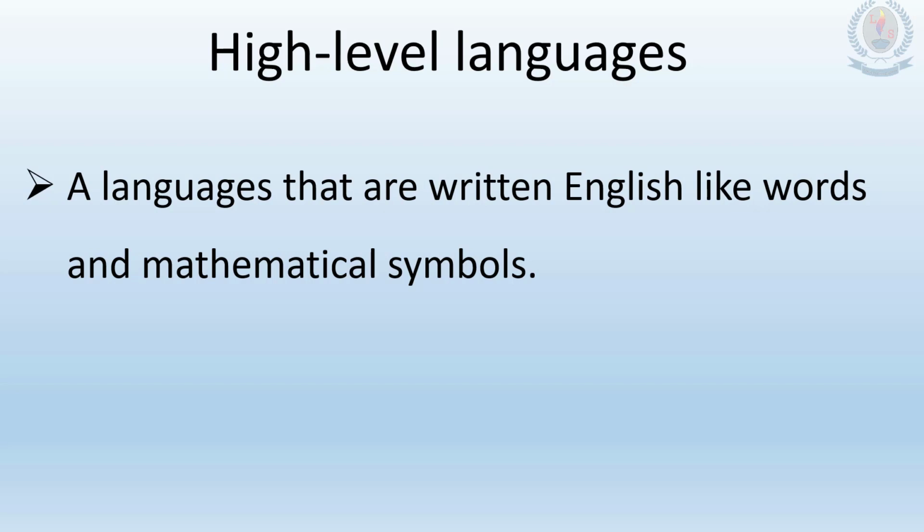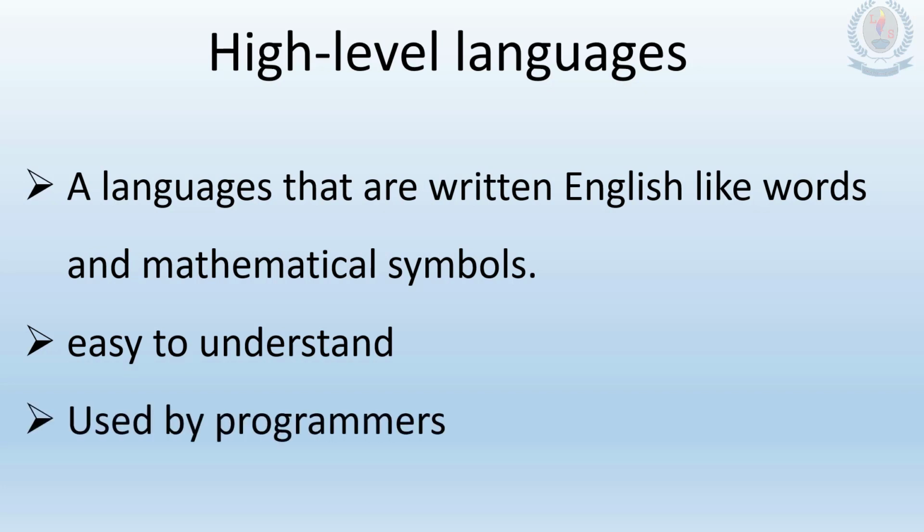This is very similar to English, so it is easier to understand than machine languages. These languages are used by programmers only. Machine cannot understand these high level languages. Let's see how we translate this to machine understandable language.